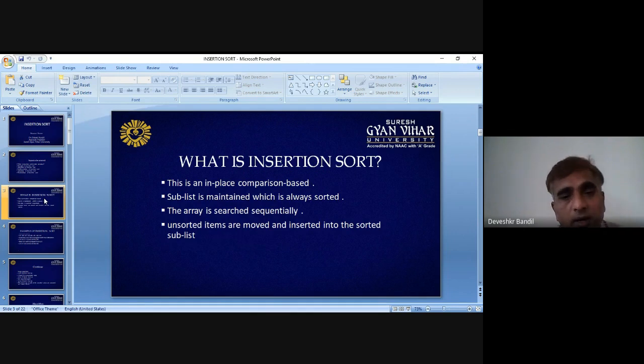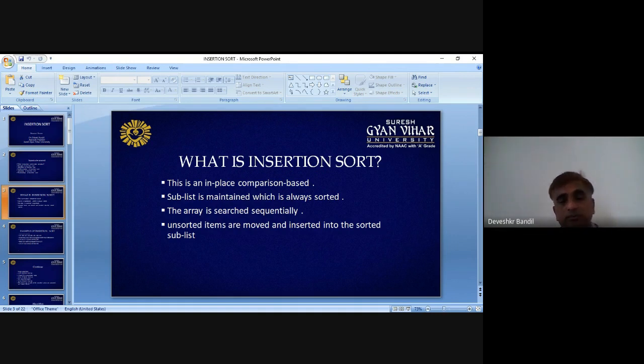First, what is insertion sort? As I told you in the beginning, this is an in-place, comparison-based algorithm. In insertion sort, a sublist is maintained which is always sorted.